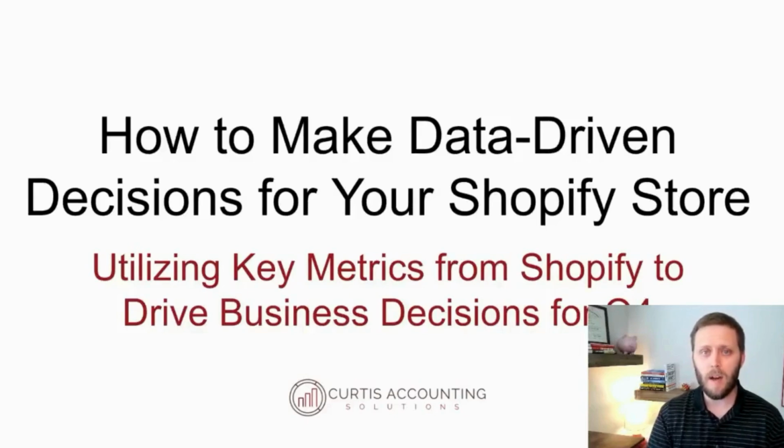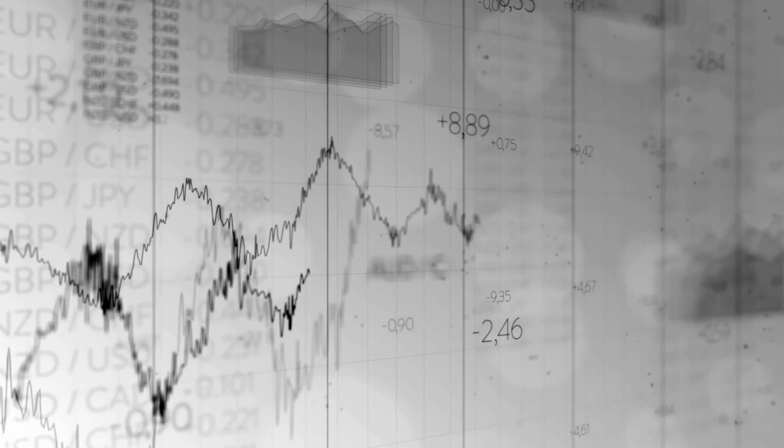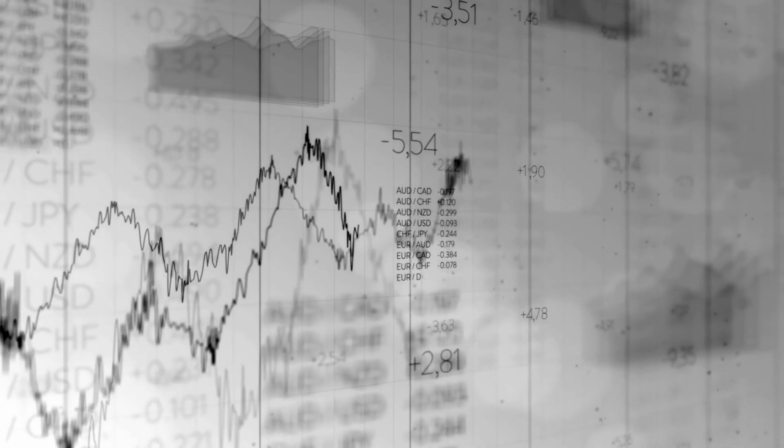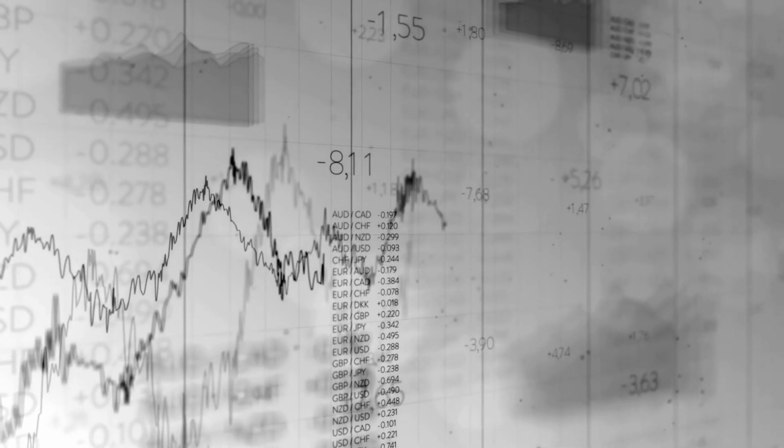And today we're going to talk about something that can have a huge impact on your Shopify store, especially as we head into Q4. We're really going to dive into how to use Shopify's built-in metrics to make data-driven decisions that will fuel your growth, keep your cash flow healthy, and help you dominate during this busy season coming up. We'll be breaking down several key metrics, both ones you're familiar with and some you may not even have considered yet.